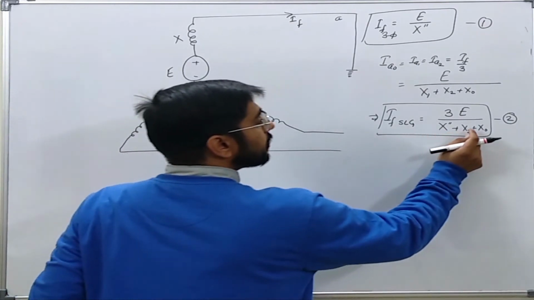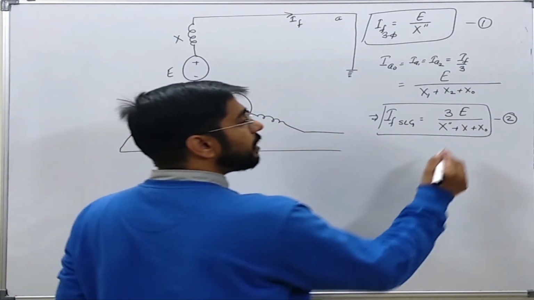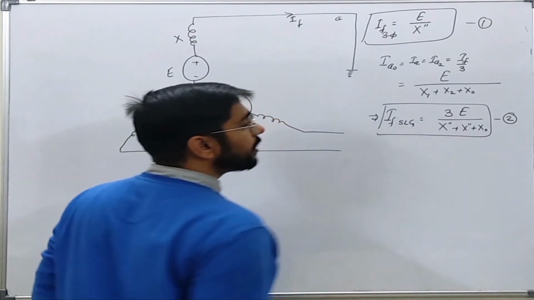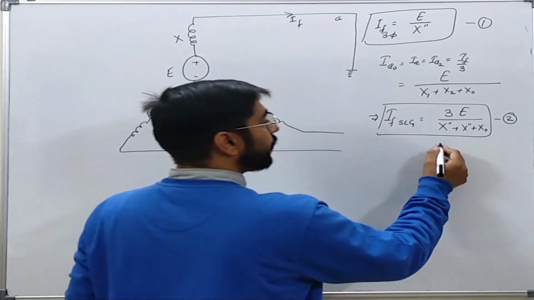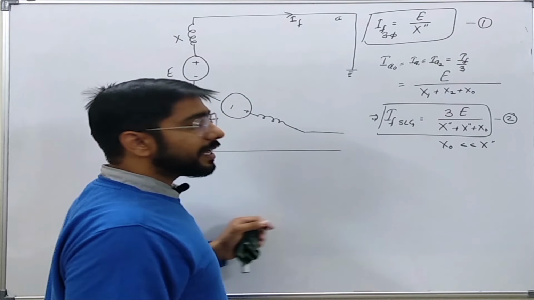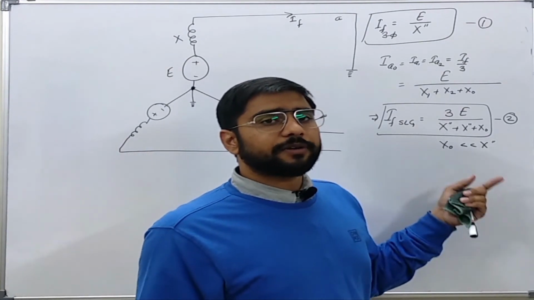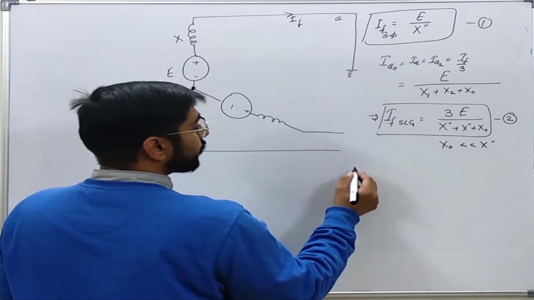Similarly, X2 is also, let us say, equal to X double dash if we take a cylindrical machine. Okay. And X0 is smaller than X double dash. That we have seen in our lecture number 111 also. Okay.